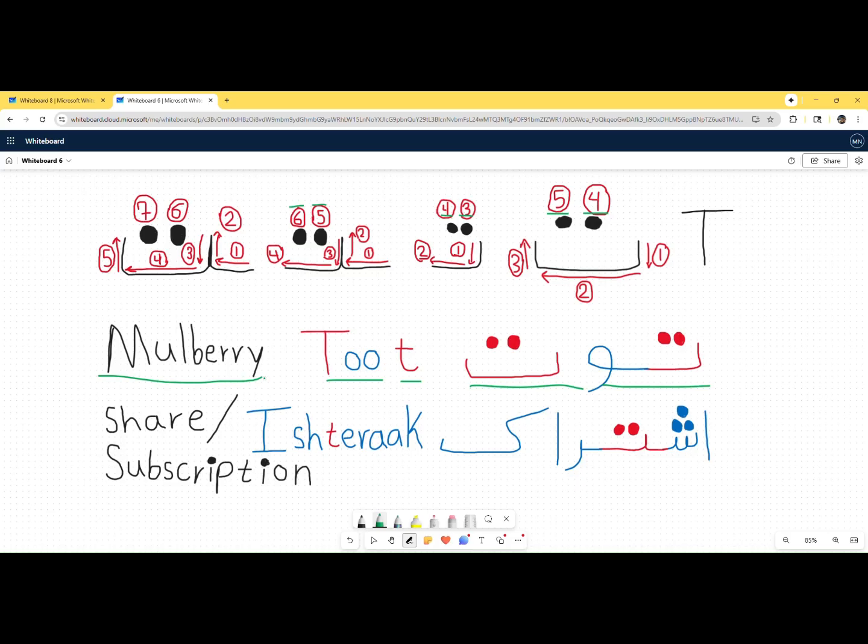For example, you have the word strawberry in Persian, which you'll use toot farangi to refer to strawberry. Other words like blackberry, blueberries, they're going to use the word toot. I just don't know the exact word for them, but it's going to be very similar to what toot is.